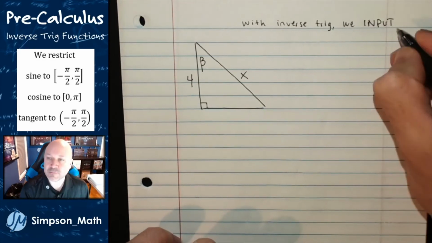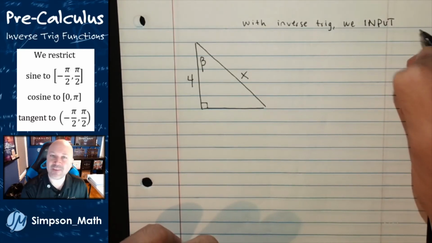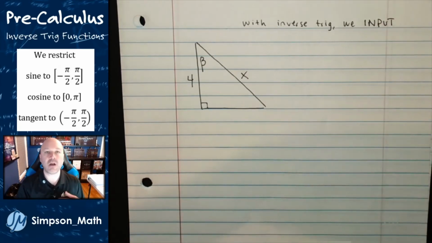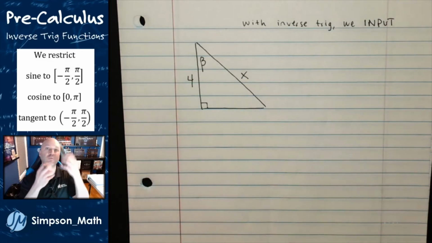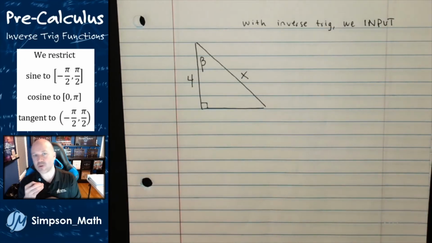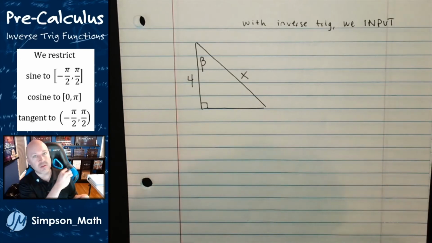I can input the side lengths of a triangle, and the inverse functions will spit out the angle. So all along I've been saying, what is cosine of pi thirds? And you would tell me, oh, well, the output's 1/2. Now it's reverse. Arccosine of 1/2 will spit out the angle pi thirds.